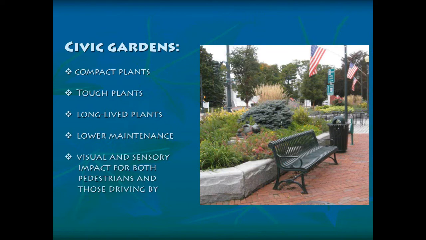It's done by the garden club. It's beautiful. And for these kinds of gardens, we need plants that are compact because often the space is constricted, tough, long-lived, lower maintenance, but also beautiful, with a visual and sensory impact, not only for people strolling by, but people driving by.